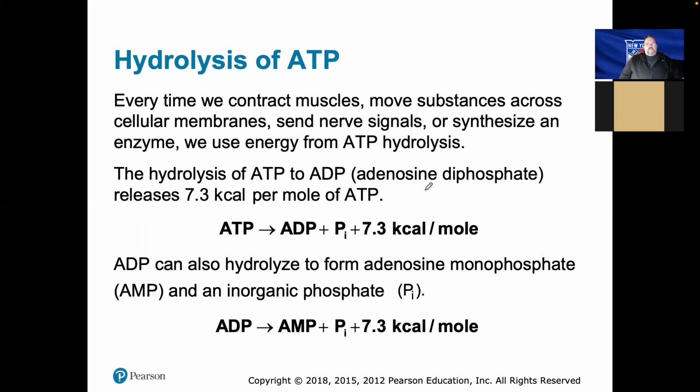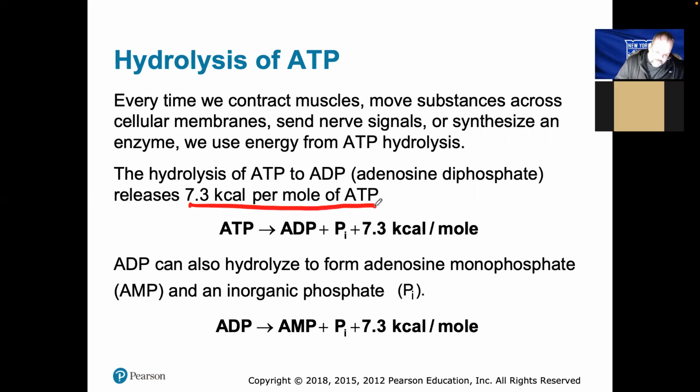Every time we contract muscles, move substances across cellular membranes, send nerve signals, or synthesize an enzyme, we use energy from ATP hydrolysis. The hydrolysis of ATP to ADP, adenosine diphosphate, releases 7.3 kilocalories per mole of ATP.